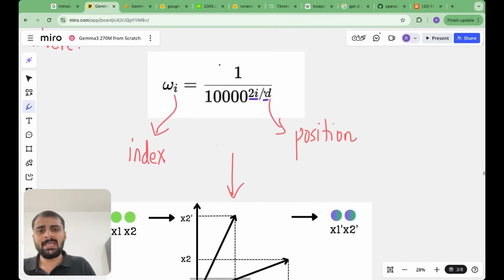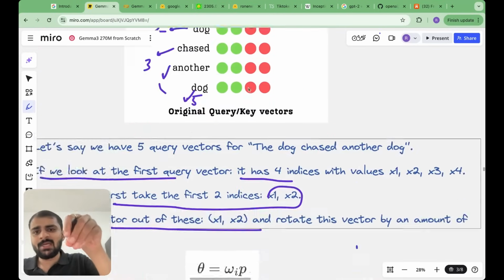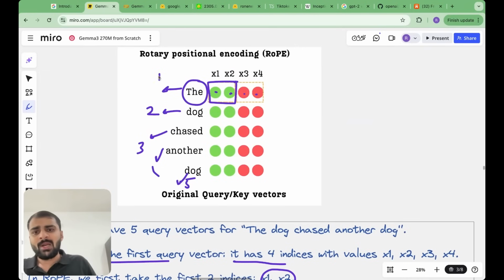That's encoded by d, the position number. i is the index within a particular position, right? So if you look at position number 1, this is represented by a 4-dimensional vector. i represents the index of that vector. So there are two variables here, the index across a vector, and then the position itself.